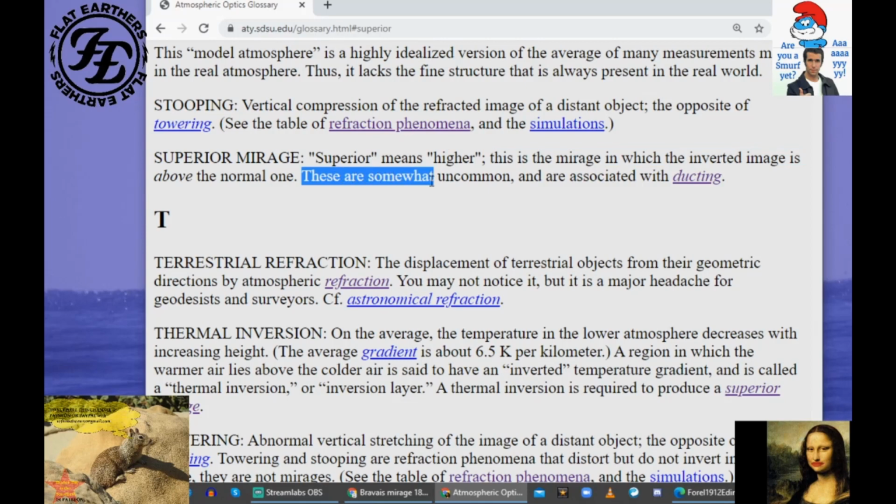These are somewhat uncommon, I disagree with that, and are associated with ducting, okay? Now, look here, the image is inverted. All they did was extrapolate out what they think is happening in the air with the temperature gradient. That's why they're calling it inverted.